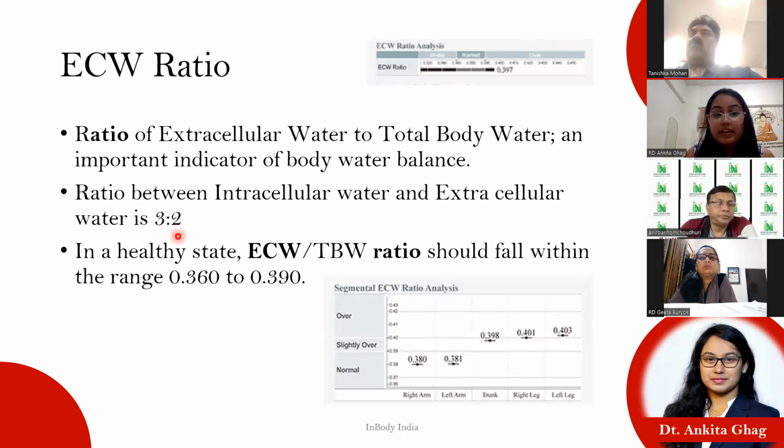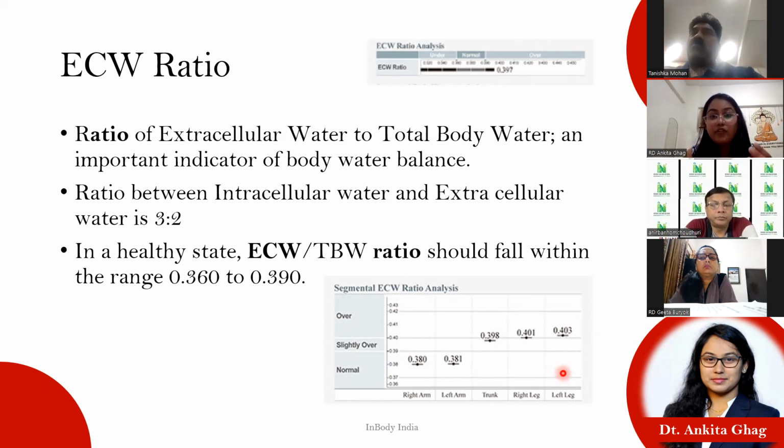If we see that ratio, the healthy ratio is between 0.360 to 0.390. If we see the chart here, this graph, it should be in one straight line. But we see the disruptions here. And when we see this, this is slightly over and this is in the over category. That is a classic indicator this person is having fluid retention.